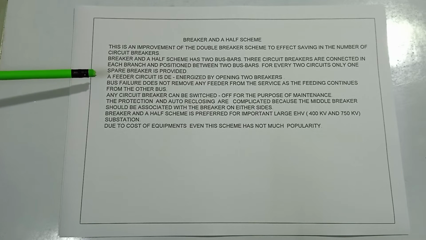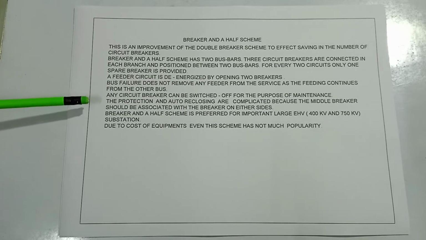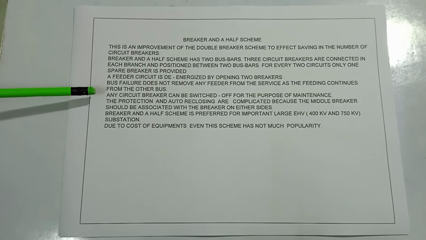A feeder circuit is de-energized by opening two breakers. Bus failure does not remove any feeder from the service as the feeding continues from the other bus. Any circuit breaker can be switched off for the purpose of maintenance.